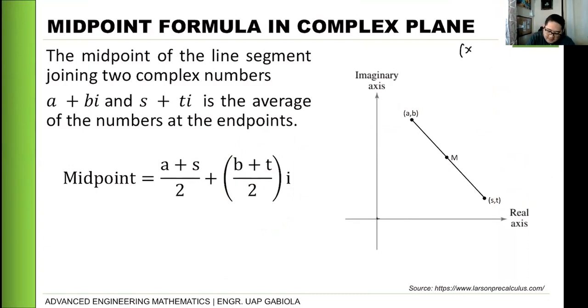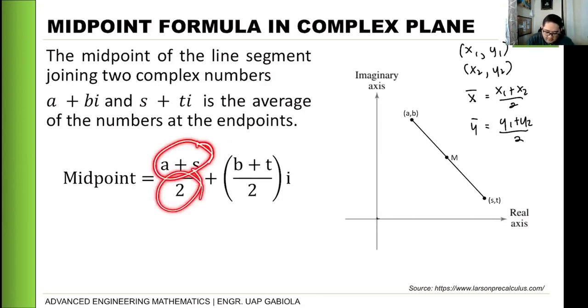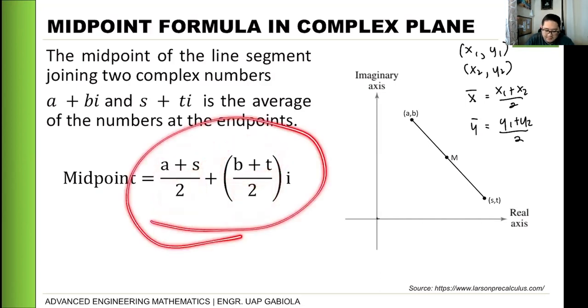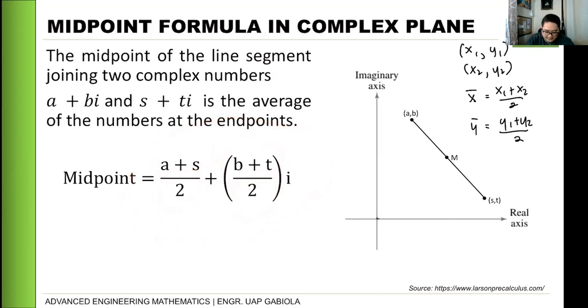Para makuha si x bar o yung midpoint, ginagawa natin x1 plus x2 over 2, and then y will be y1 plus y2 over 2, which is the same for this case. Dito, yung real sa real over 2, and then yung ating imaginary over 2, and then we have our complex number for our midpoint. Okay?